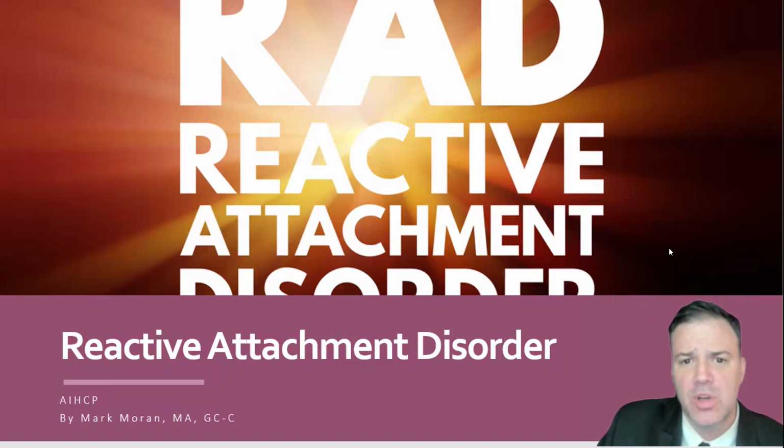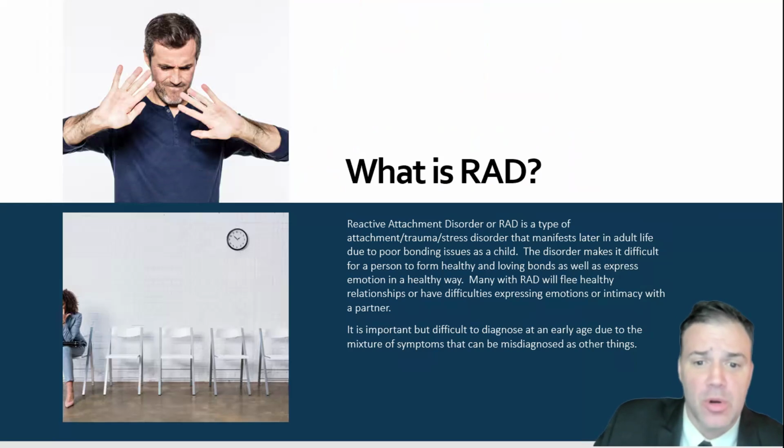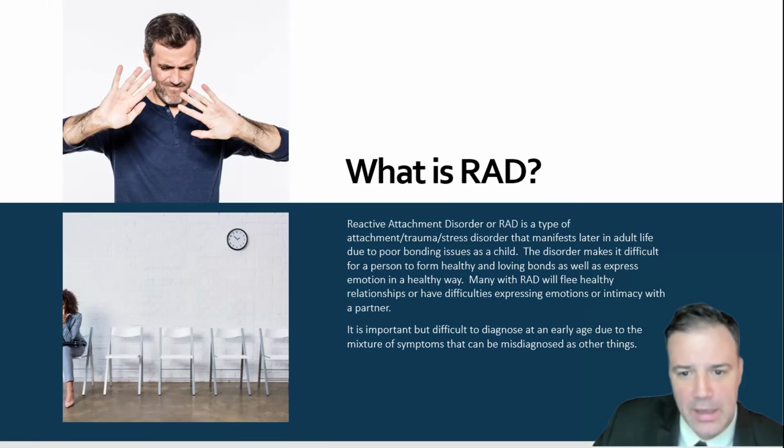In this video, we're going to identify what RAD is, some of the symptoms of it, and some ways to help individuals who have this type of particular attachment disorder. So reactive attachment disorder, or RAD, is a type of attachment stress trauma disorder that usually manifests later in adult life, but it can be identified in early childhood and adolescence through a variety of things.